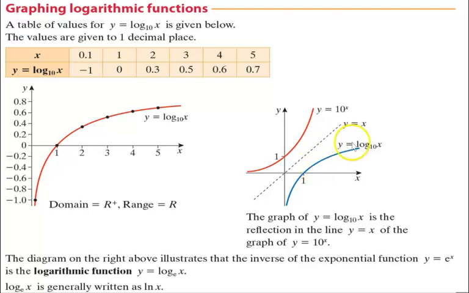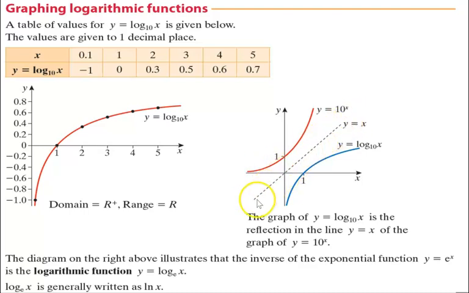So we can see we have log base 10 of x. This time it's actually in blue. It was in red on the first graph, and now it's in blue in the second graph. And what's colored in red is y is equal to 10 to the power of x. So that's the red curve.